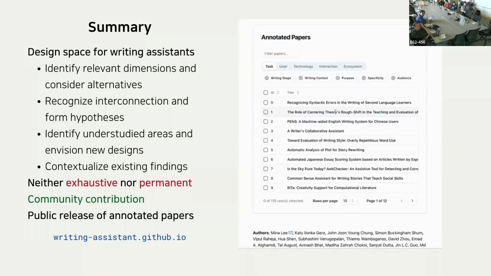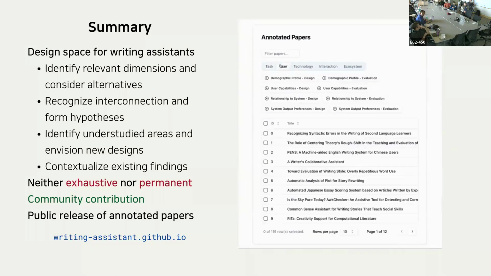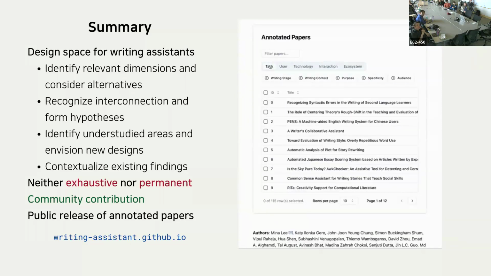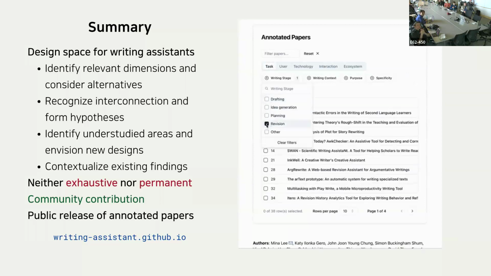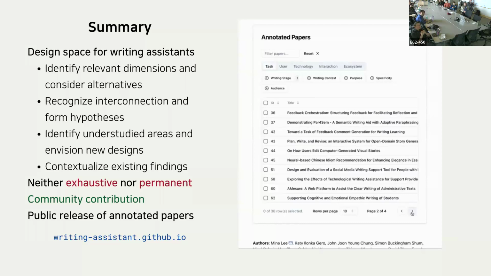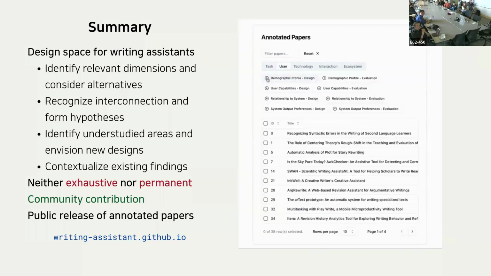That was a very quick summary of our most recent work. But I hope I piqued your interest, and if you are working with writing assistants, or using writing assistants, or maybe you're searching for a writing assistant that would satisfy your needs, consider checking out our website.